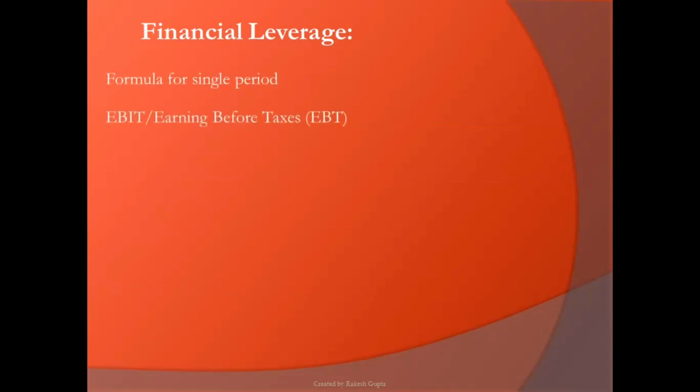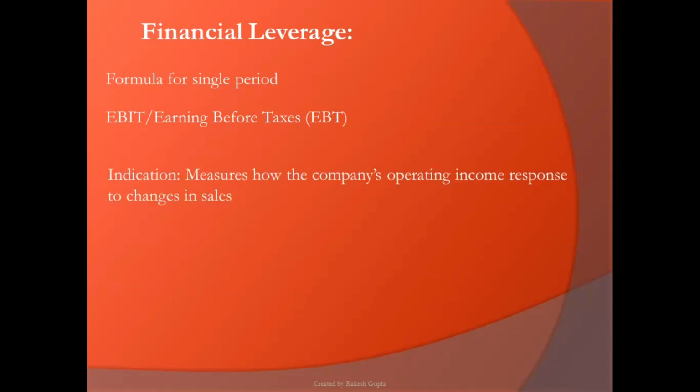Next is financial leverage ratio. Formula for single period: EBIT divided by earning before taxes. What is the indication? It measures how the company's net income responds to changes in operating income. A financial leverage ratio of less than 1 is usually considered good by industry standard.